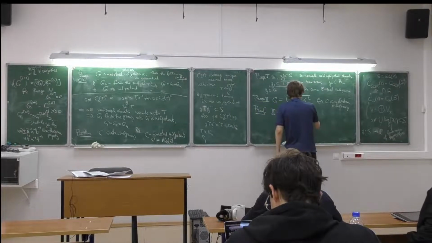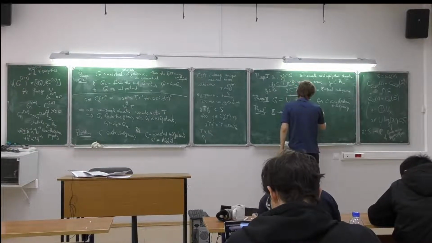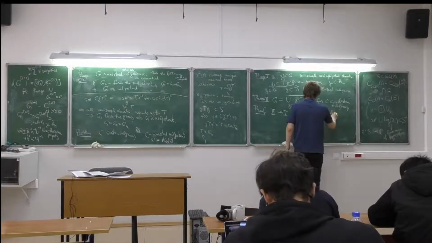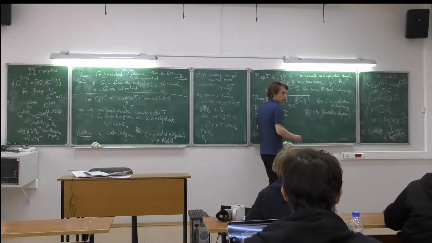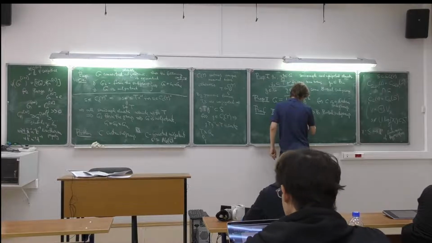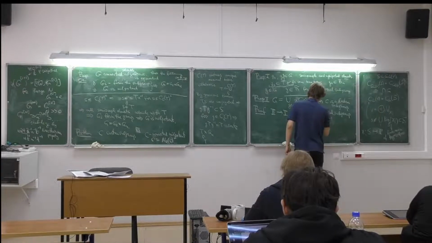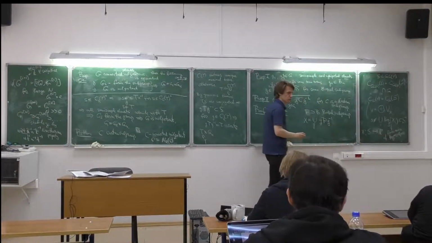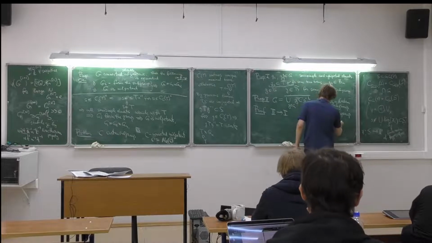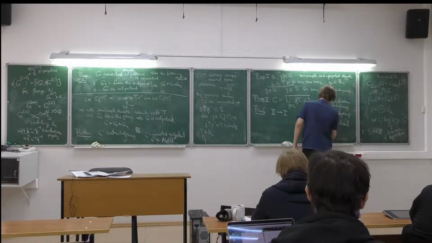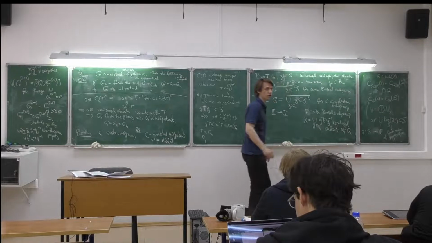So if B is Borel subgroup, or the group P contains Borel, then the set X, which is the union of all conjugates of P, is a closed subset of G. Okay.